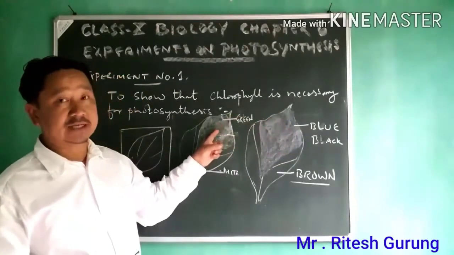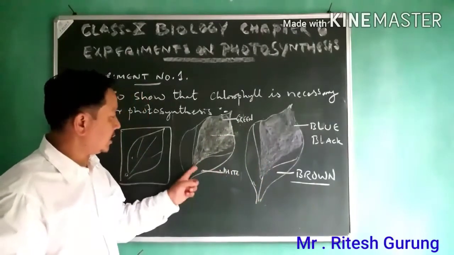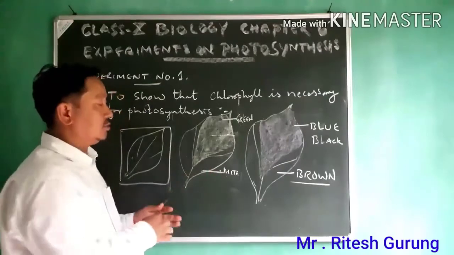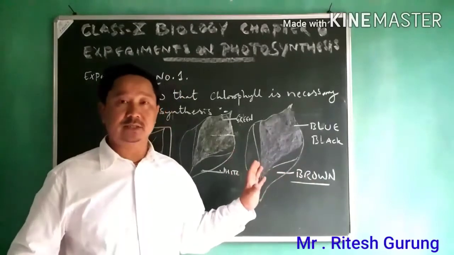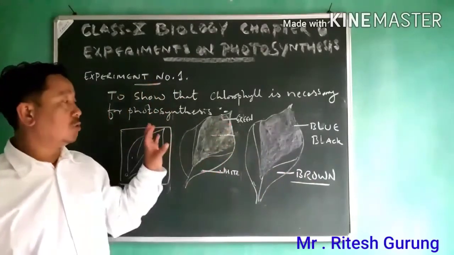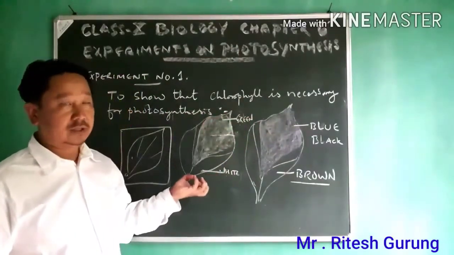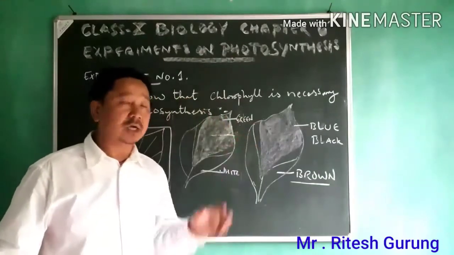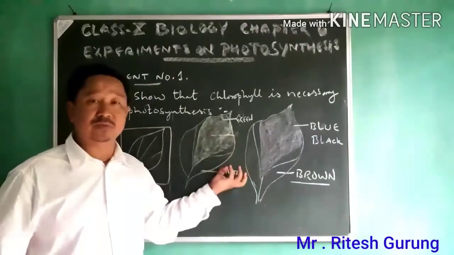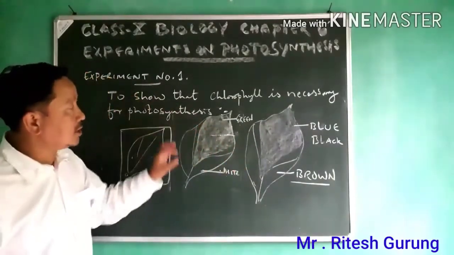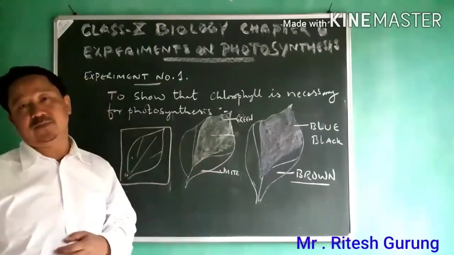Why? Because chlorophyll was there. And the other portions which were white turn brown, confirming that there is no starch. So from this experiment, you understand that only those portions of the plant where chlorophyll is present, photosynthesis is possible there. That shows how important chlorophyll is for photosynthesis.